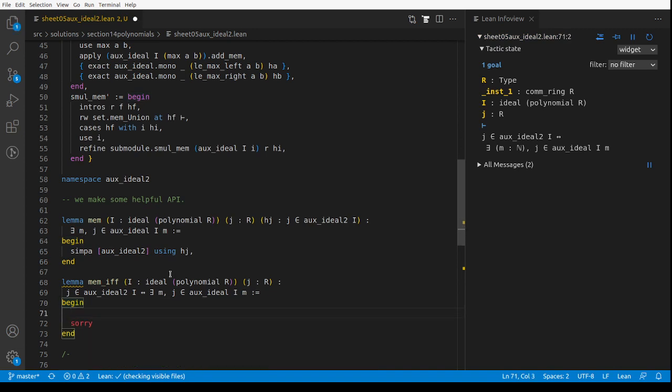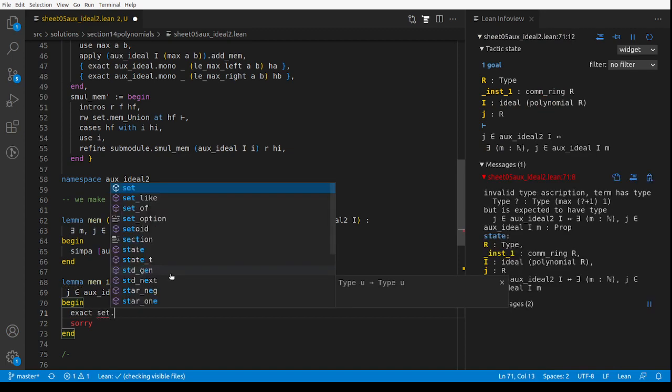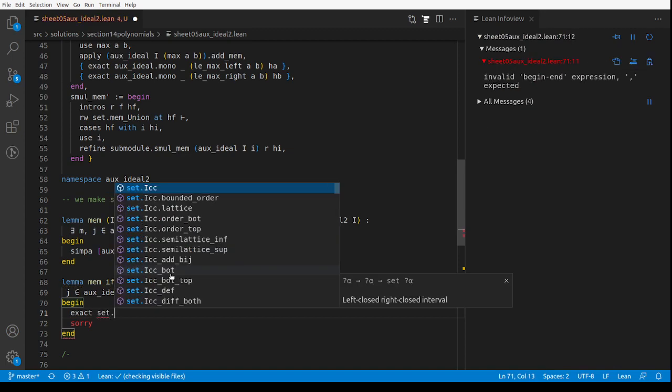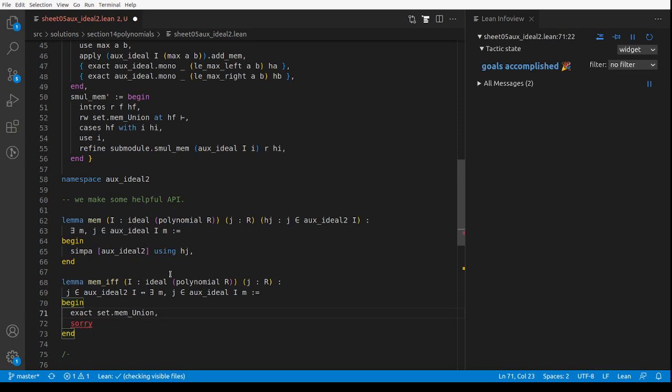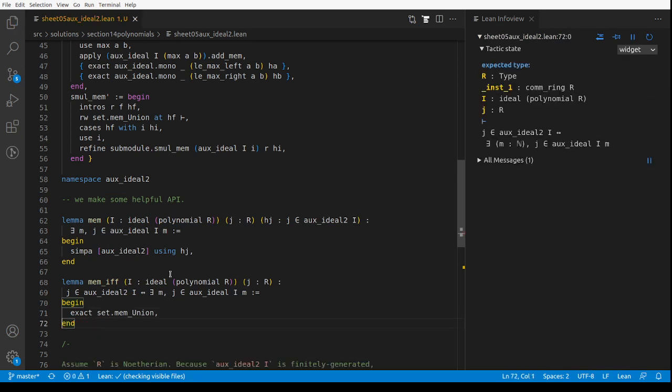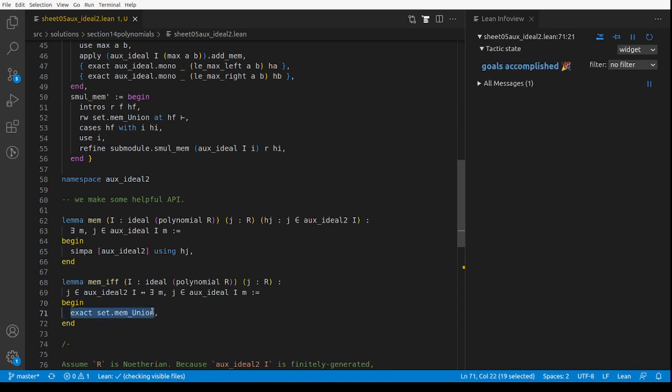And the if and only if. Actually, there might be a trick here. We just might be able to do exact Set.mem_union. Is it that? It is, yes. This is probably exact Set.mem_union 1 or something. There's probably a way of doing this.